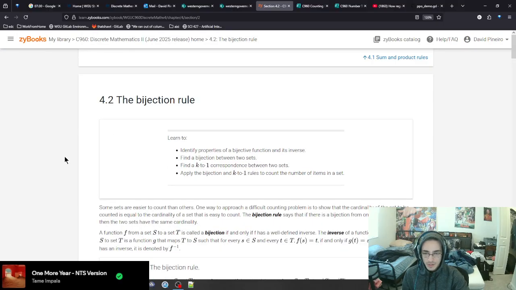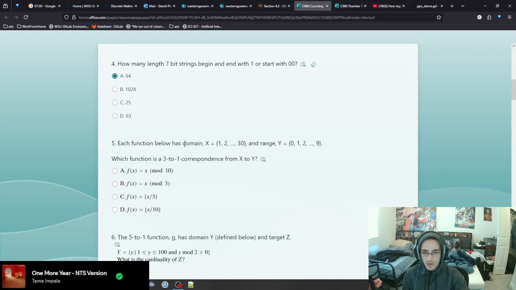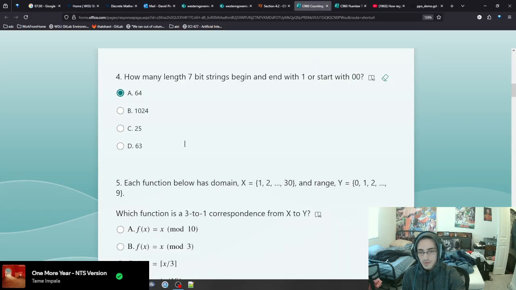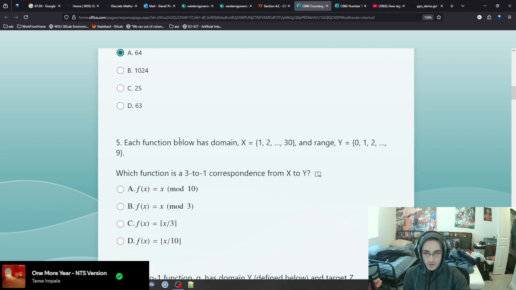It's here. So yeah, we have k to 1. Right. Let's see. So each function below has the domain 1 to 30 and the range 0 to 9. That is, there are 30 things in here, and here we have 10 things.